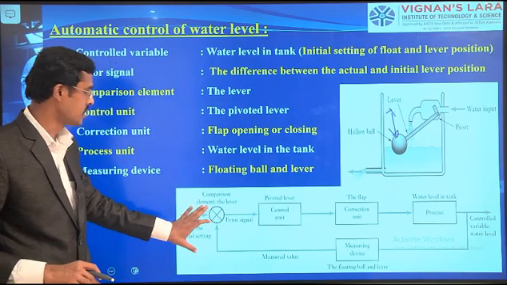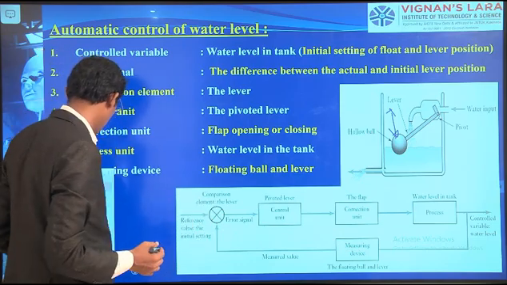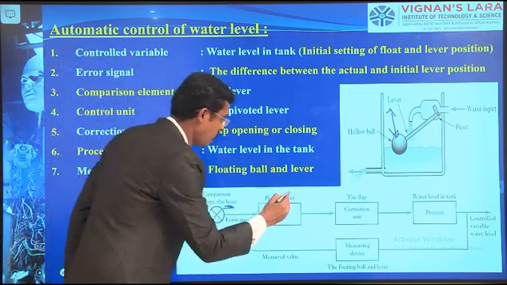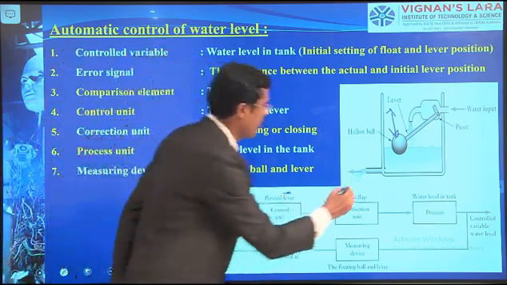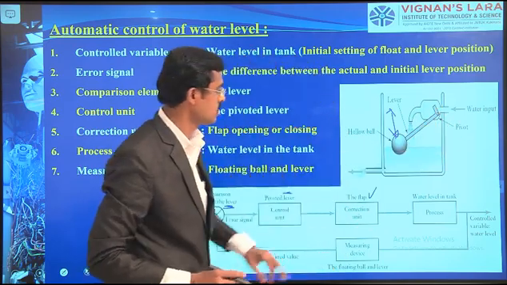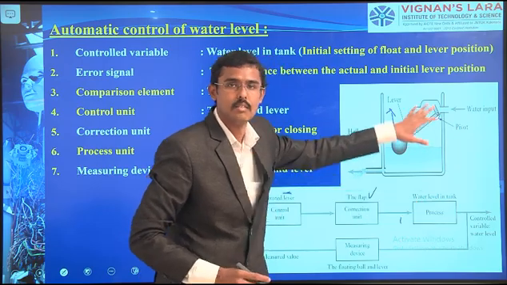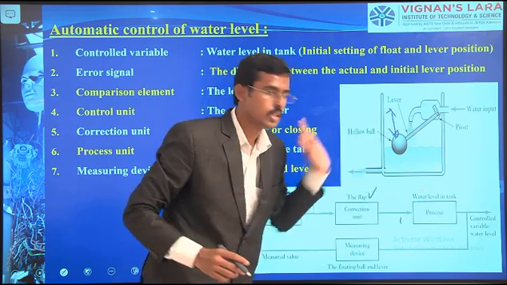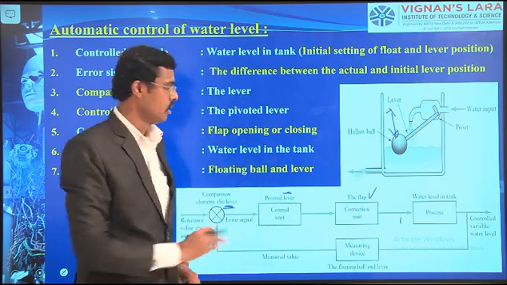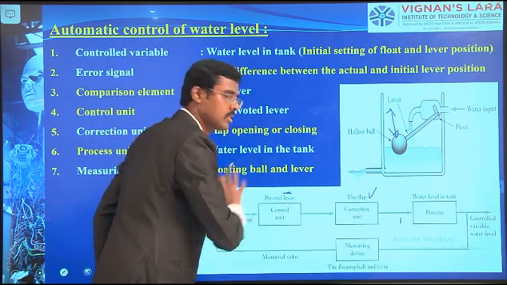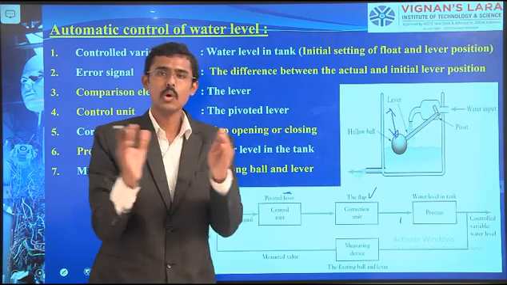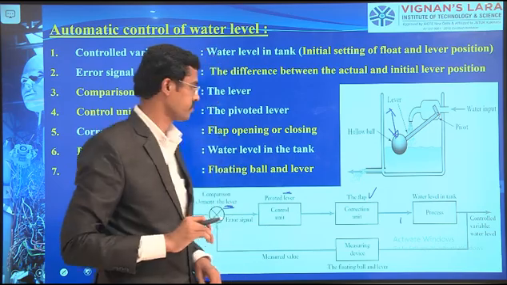Again: the comparison element is the lever, the control element, the correction element is the flap, whether it is to be open or closed, the process element is the water level, up or down, and the measuring element is the ball and the lever. Likewise, we should complete these five elements which make the closed loop system.